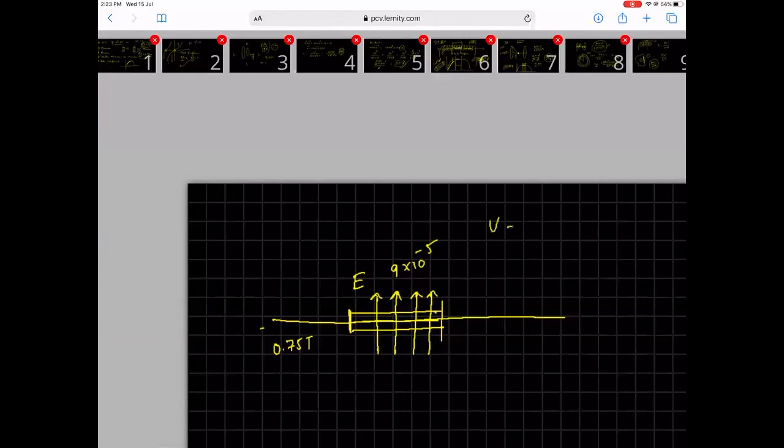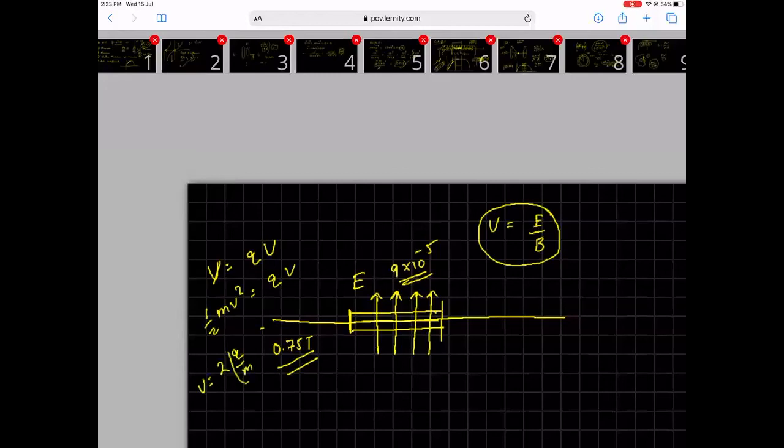So the velocity is equal to E by B. So I know E, I know B, I can find out the velocity. Now velocity can also be known from half mv squared equal to QV. So this v is equal to root over 2 Q by M into V.